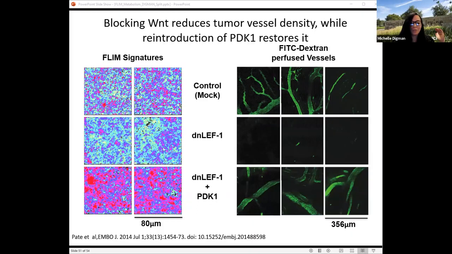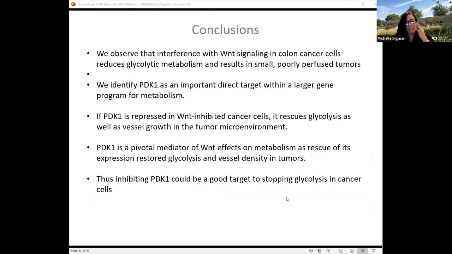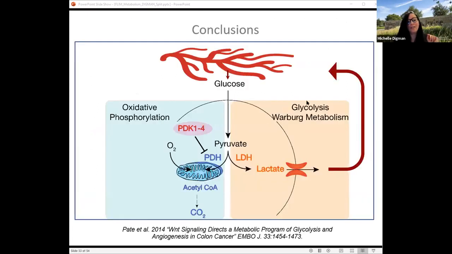So this is OXPHOS, which is good. You don't want these blood vessels to supply blood and nutrients to the tumor. But now if you add PDK1 back, you get tumor, you get glycolysis and you get angiogenesis. So basically at the end, with this phasor approach, you can really start to target cancer cells by inhibiting their metabolic state.